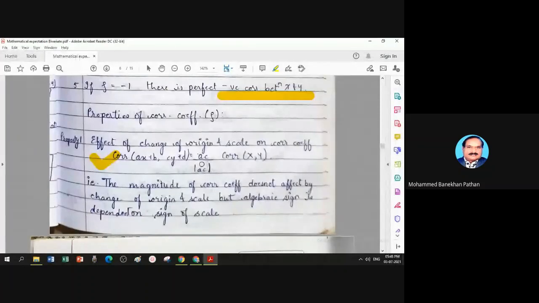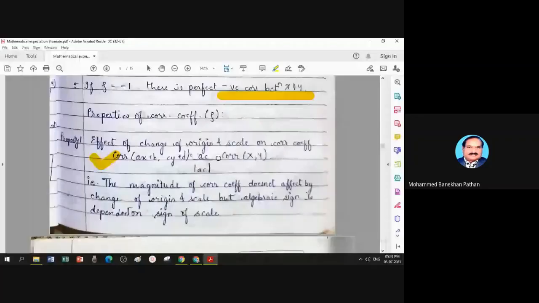Suppose a equal to -2 and c equal to 3, the numerator will be -6 and the denominator will be +6, because absolute means negative value or positive value are giving a positive number. So the numerator is -6, the denominator is +6. The 6 gets cancelled and -1 remains.